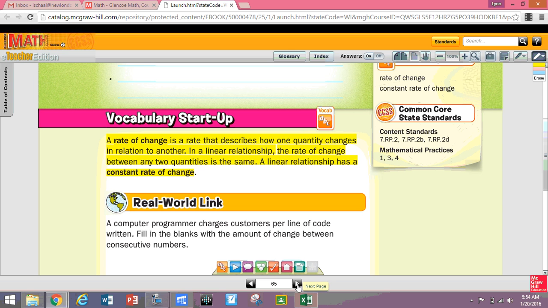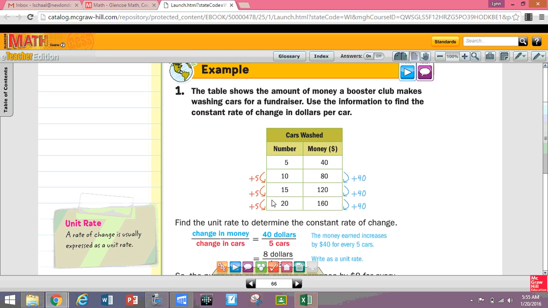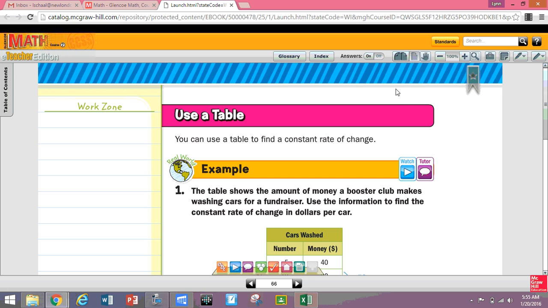So I'm going to skip forward. Essentially, this lesson today, in the past, we've always talked about proportional relationships having that multiplicative relationship. We've talked a little bit about adding, and some of you have alluded to that, but I've kind of stepped away from that because I knew that this was coming.